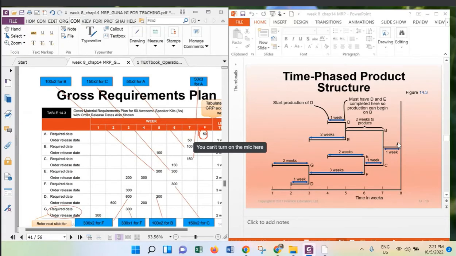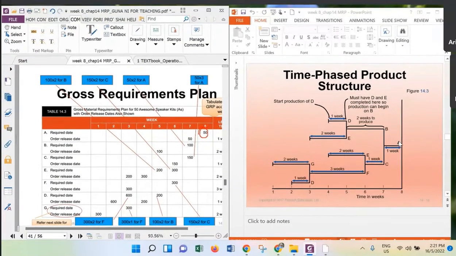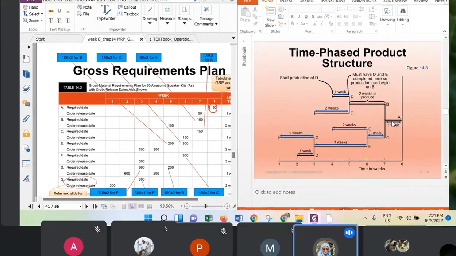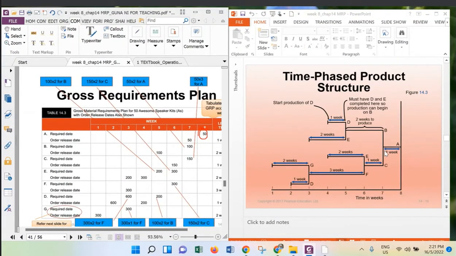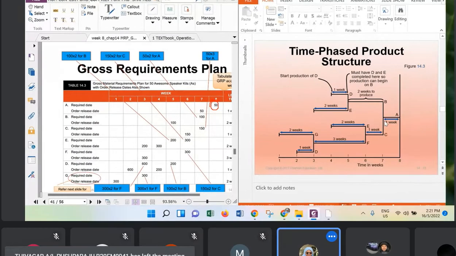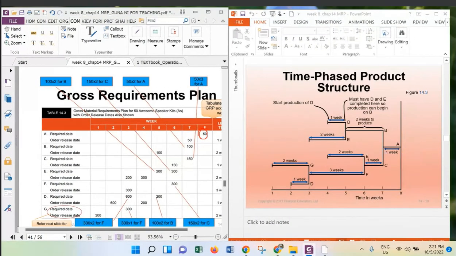Kan dah buat time phase product structure kan? Berapa lama masa dia ambil untuk siapkan A? Berapa lama masa dia ambil untuk pasang B dan C? Nak jadikan dia A, berapa lama? Berapa lama? Minggu.